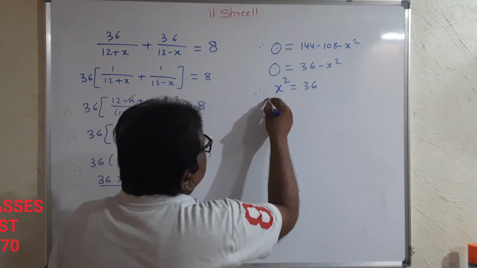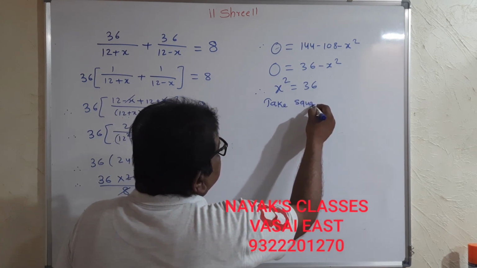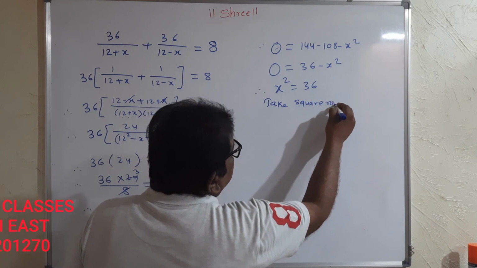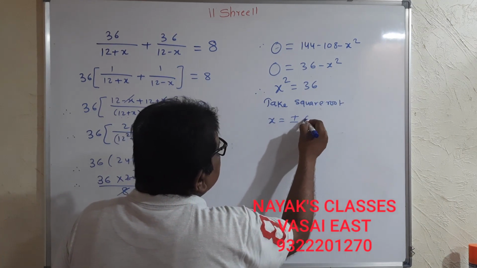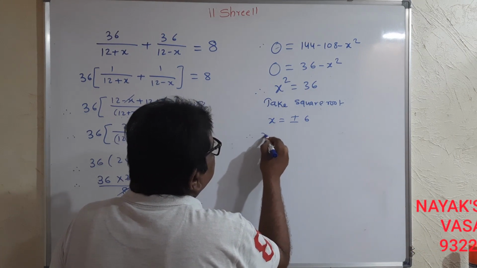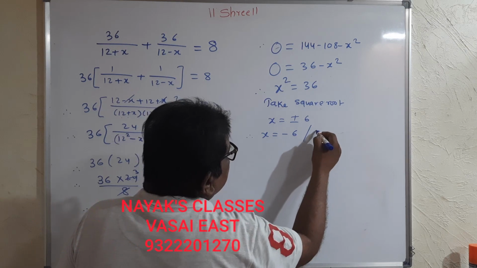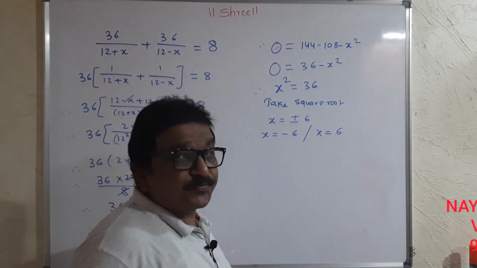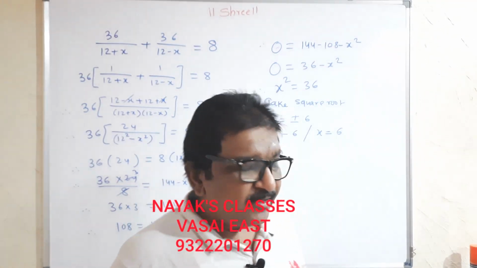So take square root. So x is equal to plus minus 6. Therefore, x is equal to minus 6 or x is equal to 6. You know, speed cannot be negative.